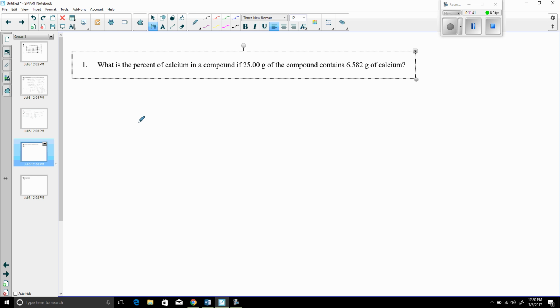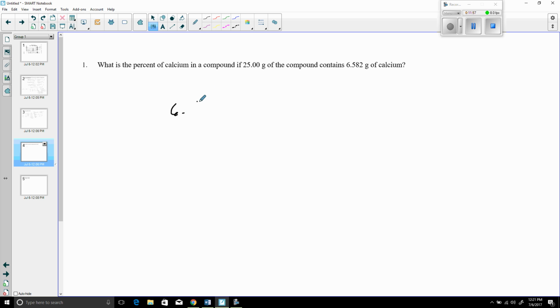The next question says, what is the percent of calcium in a compound if 25 grams of the compound contains 6.52 grams of calcium? Well, this problem is even easier than the last one. If you already know that you have 6.52 grams of calcium and the total mass of the compound is 25 grams, you're just doing the one step that we did in the last problem.